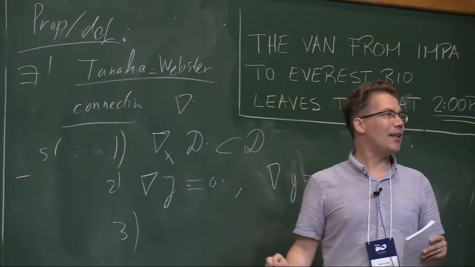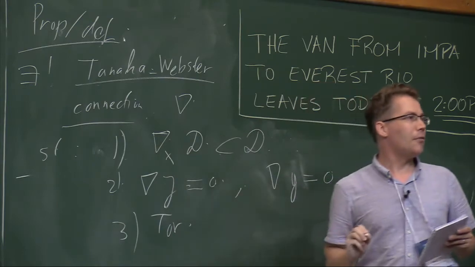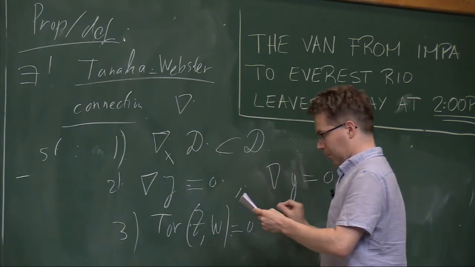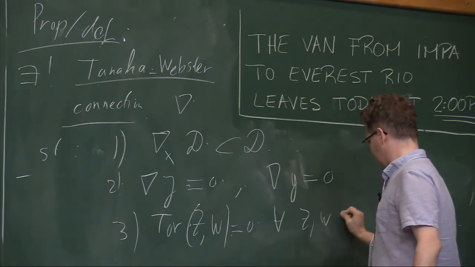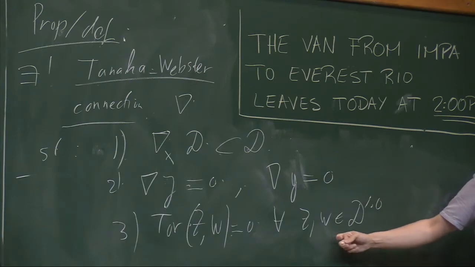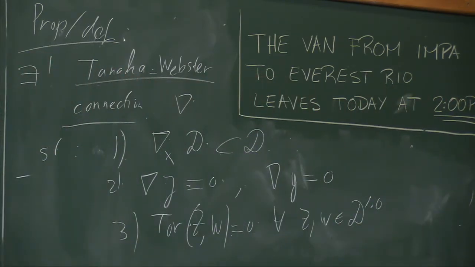And the catch is this thing has torsion in general. But the torsion has some decent properties. The torsion is 0 for all complex linear vector fields. And if you have a pair, complex linear and complex antilinear vector fields, then you have a nice formula for the torsion.